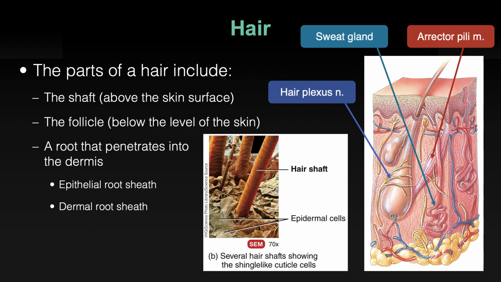This is a plexus of nerves, or a network of nerves, that wraps around the hair bulb and can tell you, without you even looking, oh, there's a bug crawling on me, or someone's going to grab me or try to tickle me. Your hair moving, unbeknownst to you, is registered through this hair plexus and sent to the brain to be interpreted.